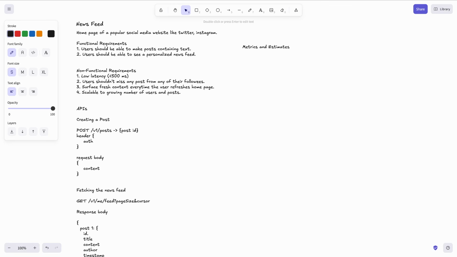So let's take a look at our traffic estimate and numbers. Assuming that we have around 100 million daily active users on our platform, and on average each user refreshes their feed 10 times a day.